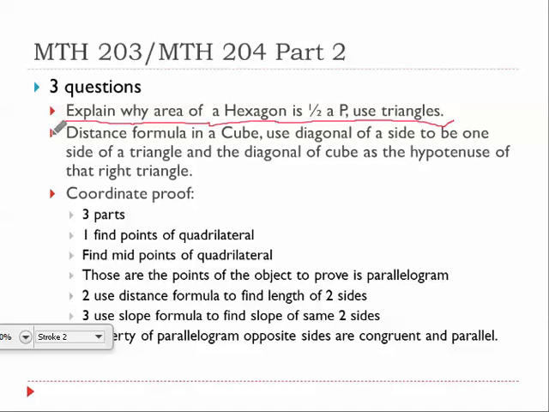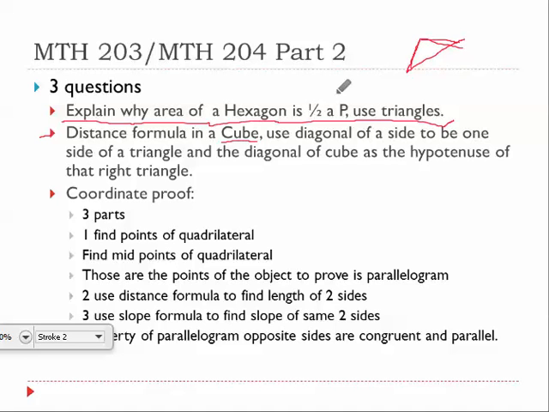You're going to have a distance formula problem, but it's going to be a cube. So what you have to do is, first of all, look at the cube and see if you can't find a triangle that you can solve. One of them will be one edge of the cube, one of them will be one side of a diagonal of the cube, and then you've got to find the distance from this diagonal of one side and the edge of one side, and that will give you the diagonal of the cube.